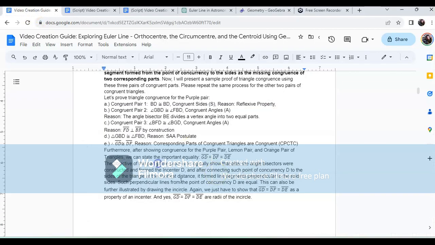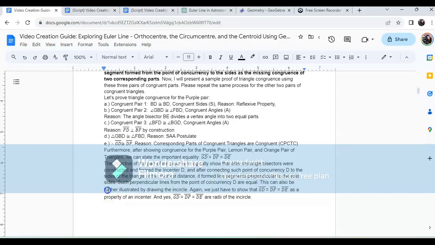The objective of this part of the proof is to logically show that after the angle bisectors were constructed and formed the incenter D, and after connecting such point of concurrency D to the sides of the triangle at the shortest distance, it formed line segments perpendicular to the said sides.